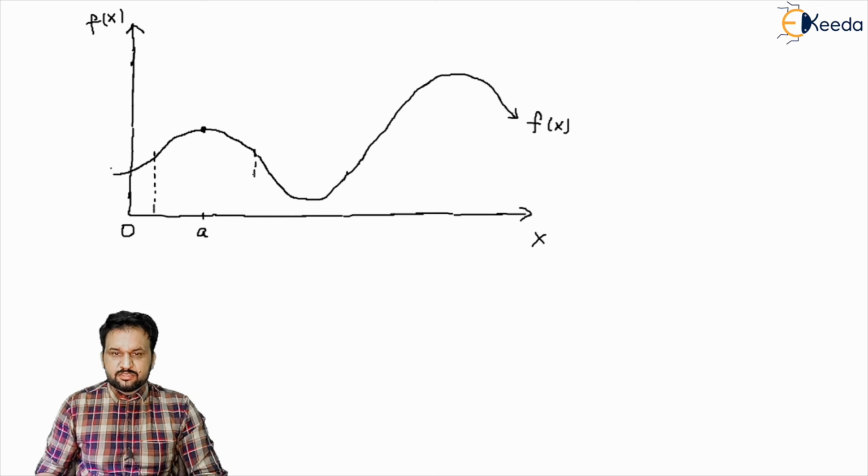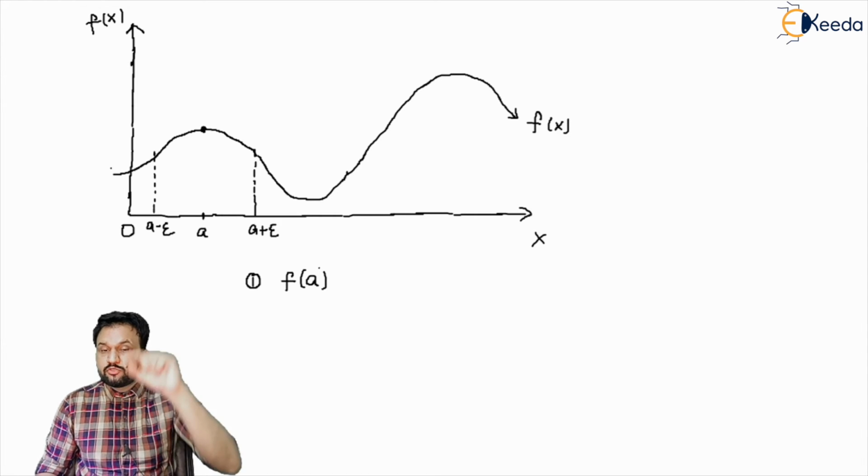I want to consider this value in some interval. Here I'm going to consider the interval a minus epsilon to a plus epsilon. At this point, your function is giving the maximum value. So f of a, within a minus epsilon to a plus epsilon, is the maximum value.